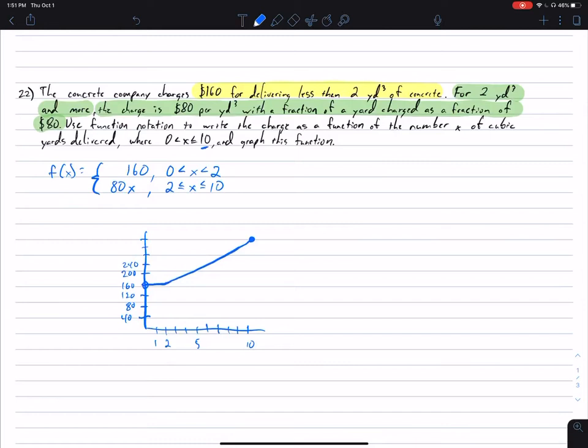That's where it would stop because, again, this only goes from 0 to 10 yards cubed. So graphing this, you're going to have a flat part, and this would be the increasing part over 2 yards, and this piece here would be from 0 to 2 yards. One more time, 0 being an open circle because they can't charge us for not buying concrete.